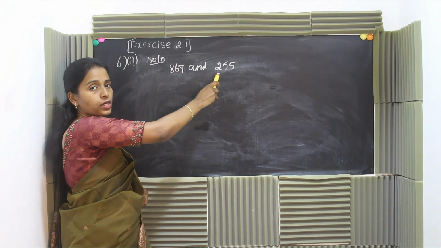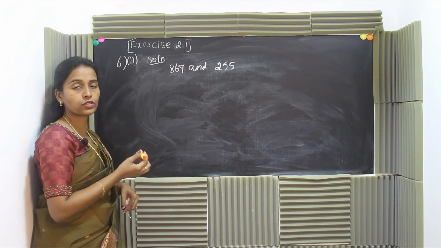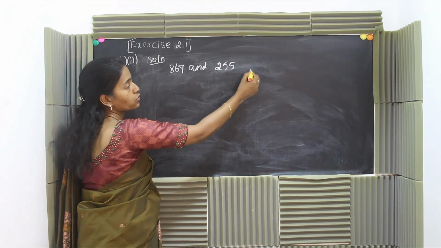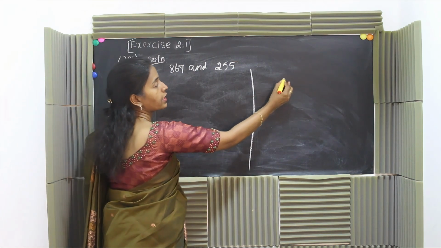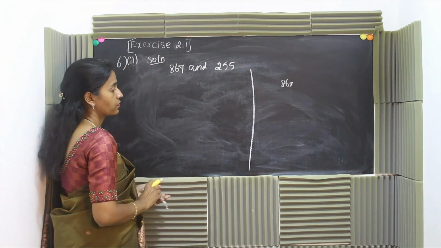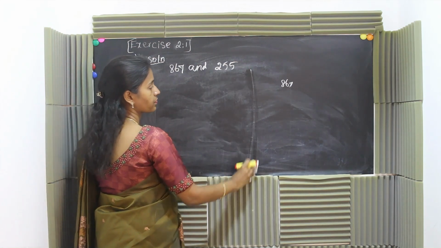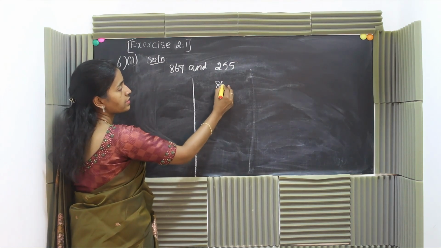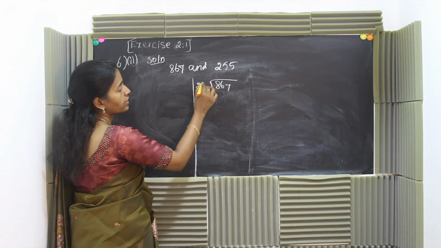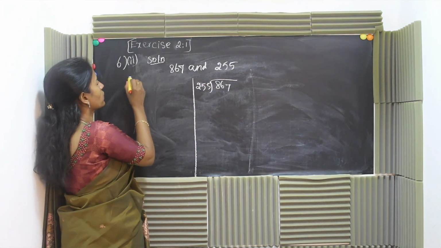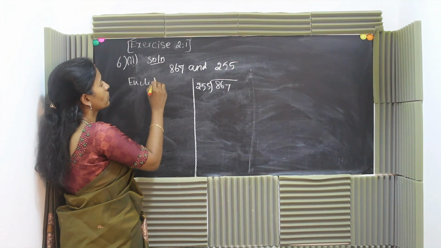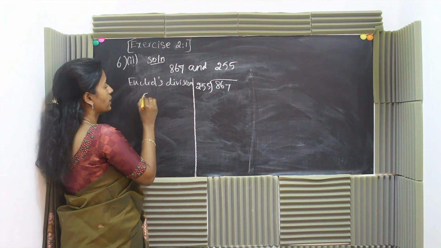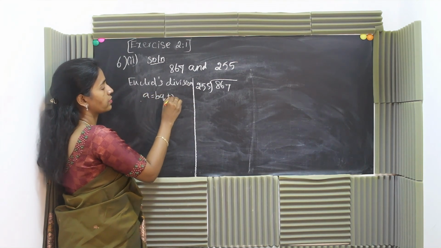867 and 255. We are going to follow the same thing that we have done in the previous problem. So here we need to divide 867 by 255. Euclid's division lemma formula: A equals BQ plus R, right?